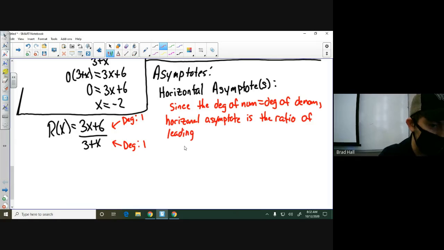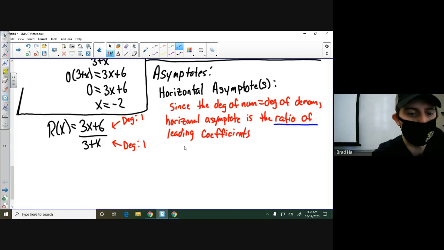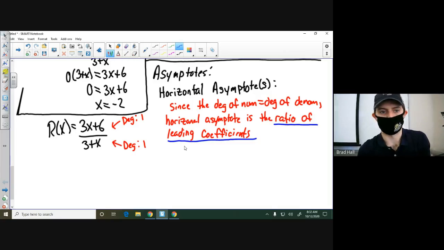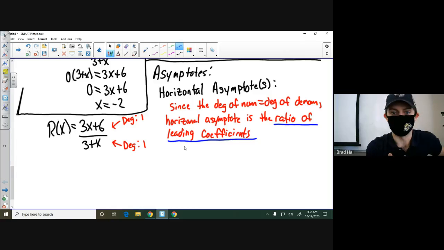Now, this may be misleading. This may not even make any sense right now. The idea of this, the leading coefficients are coefficients mean the number in front of the variable.